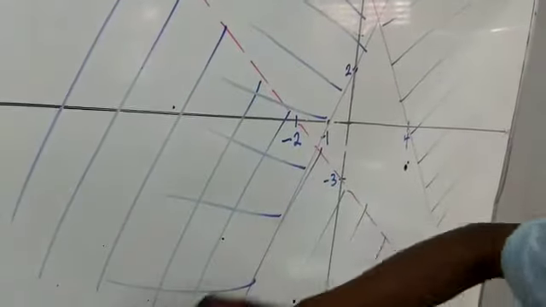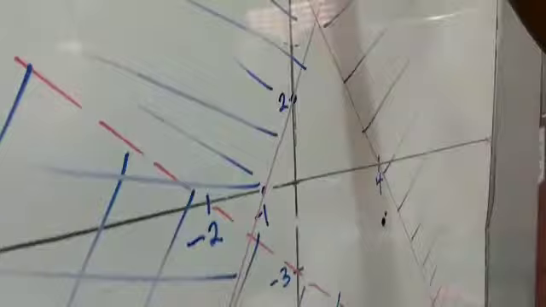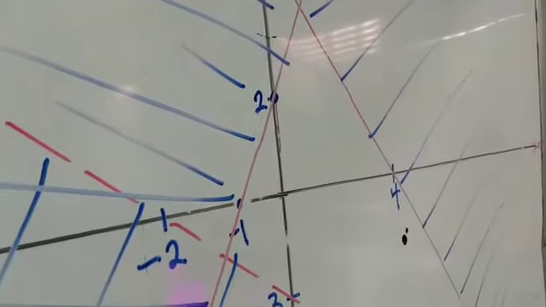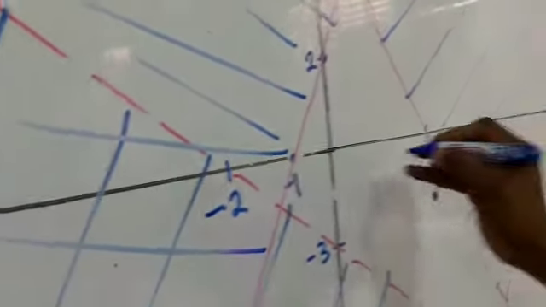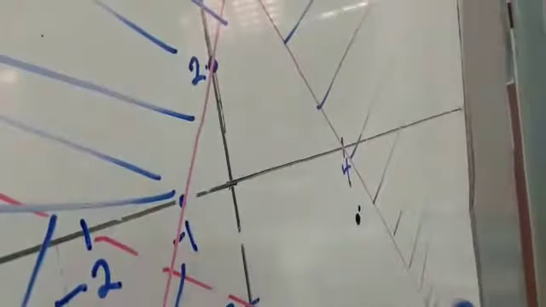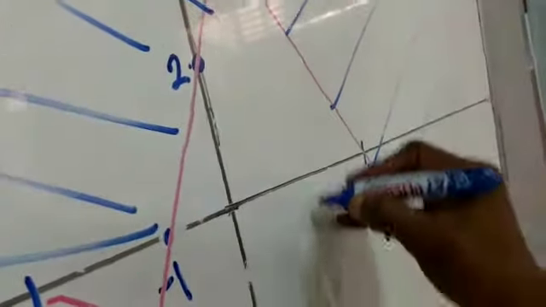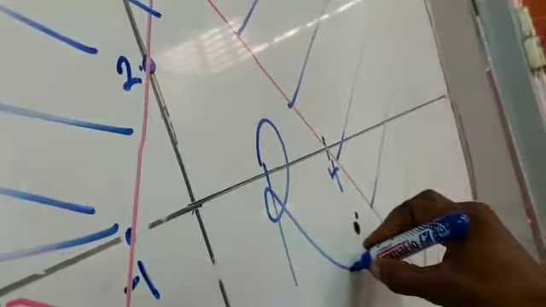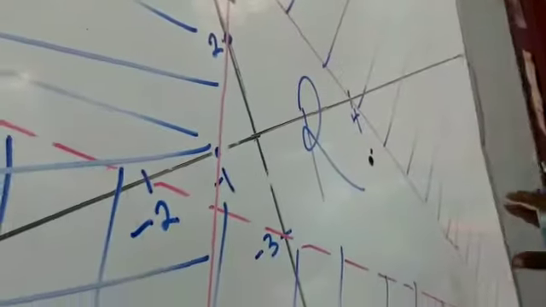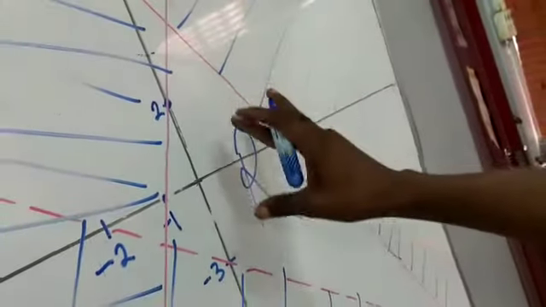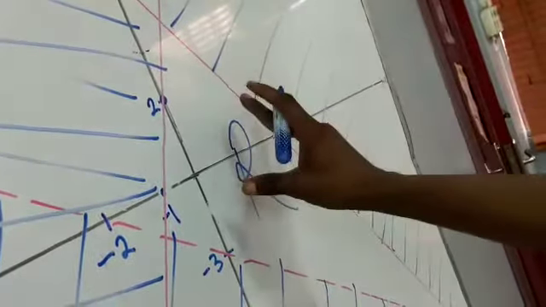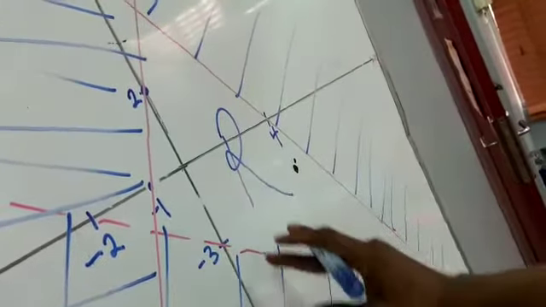The only region that is left unshaded in our Cartesian plane, or in our xy plane, is this triangular region here, and you can put your letter R here. This is the required region. Any value of x and y that falls within this region satisfies this inequality.